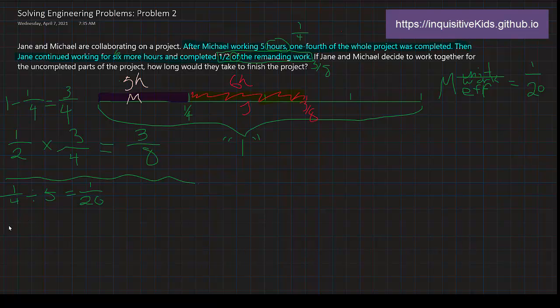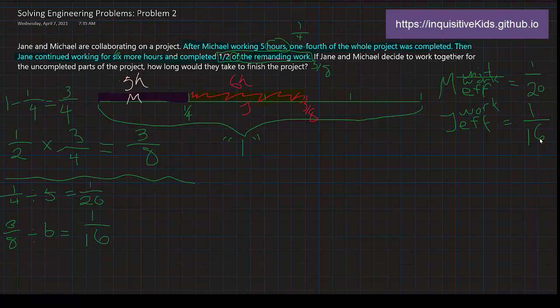We do that, that would be 3/8 divided by, let's see here, 6 is equal to 1/16. So that means that Jane's work efficiency, EFF, is equal to 1/16 of the whole project per hour.